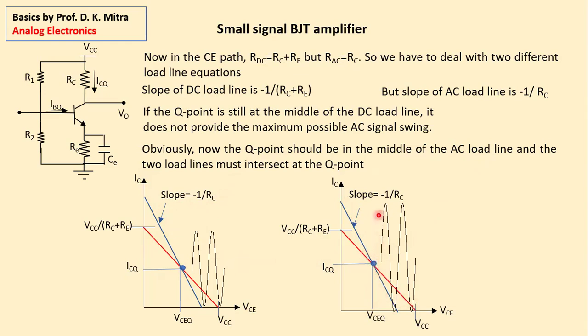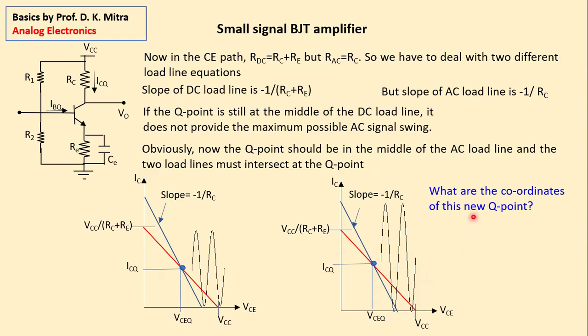Then I can have this full swing at the output. So this will be my design approach: the quiescent point will not be in the middle of the DC load line, but in the middle of the AC load line. And the calculation approach we shall, of course, discuss.